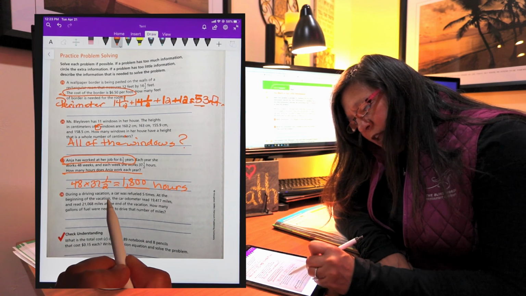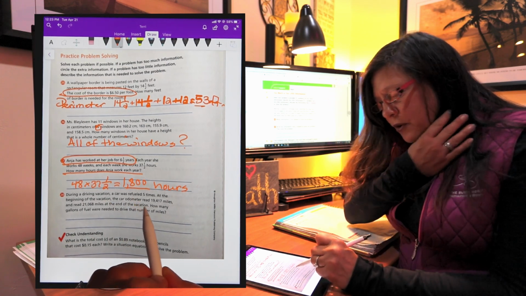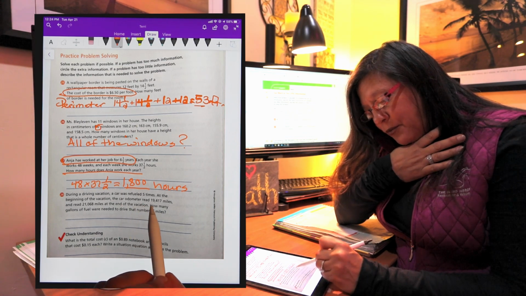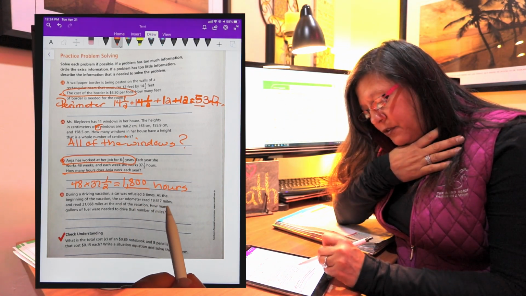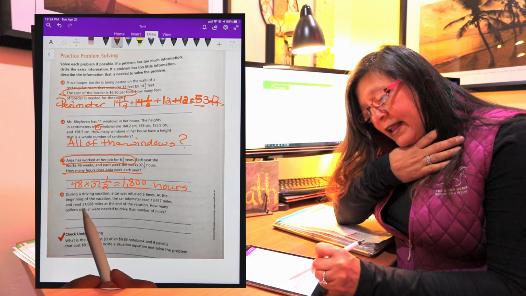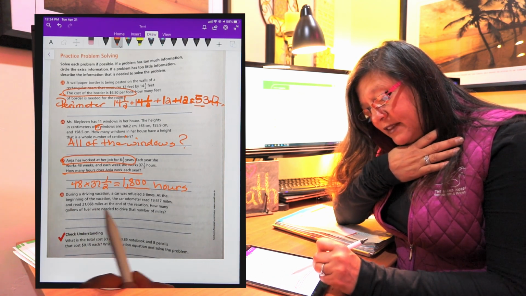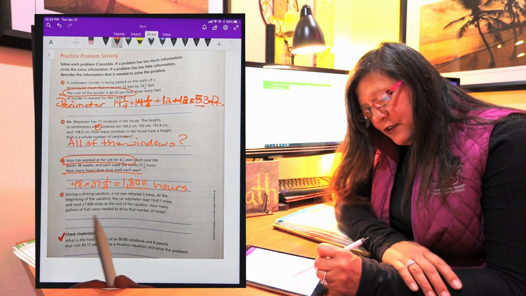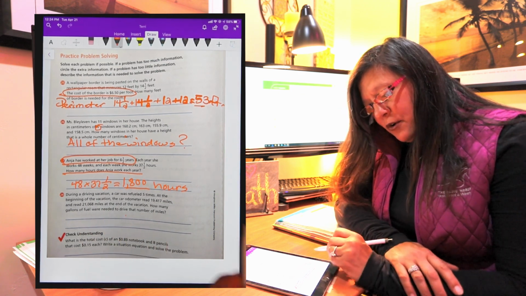28. During a driving vacation, a car was refueled 5 times. At the beginning of the vacation, the car odometer read 19,417 miles and read 21,068 miles at the end of the vacation. How many gallons of fuel were needed to drive that number of miles?